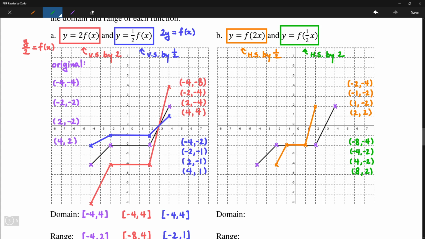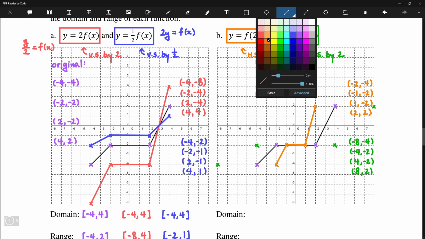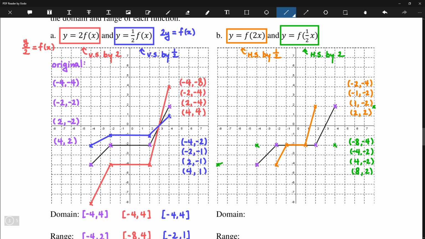Okay, seems like I wasn't thinking too far ahead, so here's the point 8, 2. It's going to be in the way of our coordinates here, but that's okay. And then we have 4, -2, -4, -2, and -8, -4. All right, so let's go ahead and plot those. Connect the points together. There we have it. All right, so the same graph, but twice as wide.